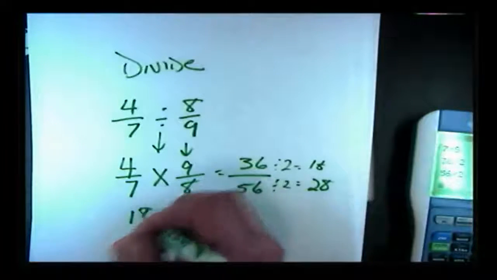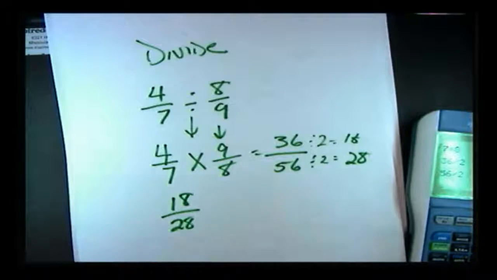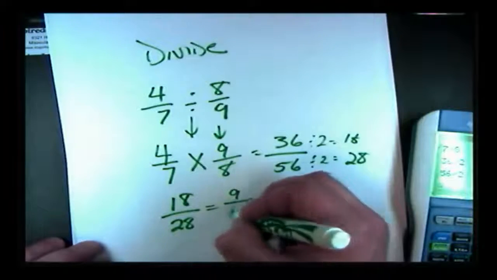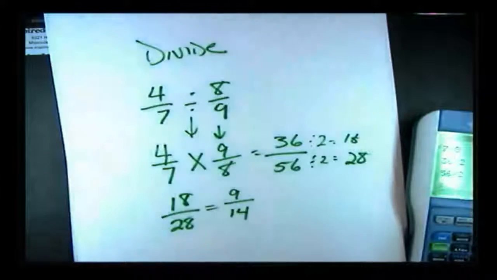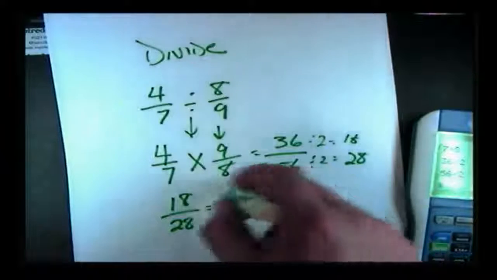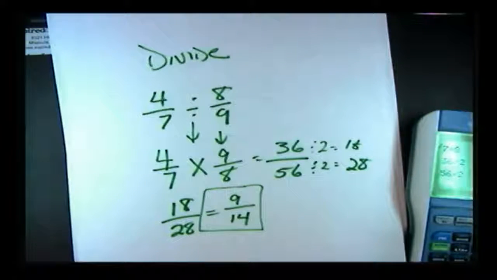So I have 18/28. Those two are still even, so I can cut them in half again. 9/14, and that will be my final answer. I do not think that 9 and 14 have anything left in common. So 4/7 divided by 8/9 is 9/14.